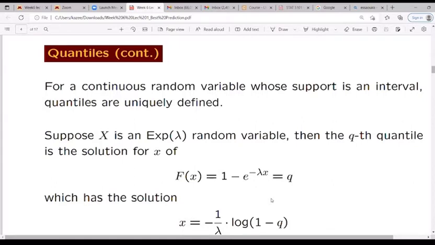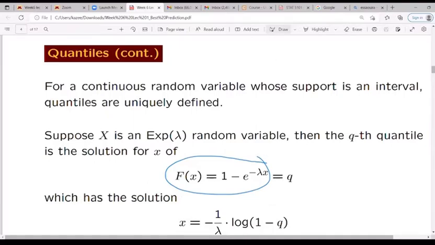For example, we want to talk about an exponential distribution. If X is an exponential distribution random variable, then how can we find the Q quantile? We need to derive the CDF, or the distribution function, of the exponential distribution.